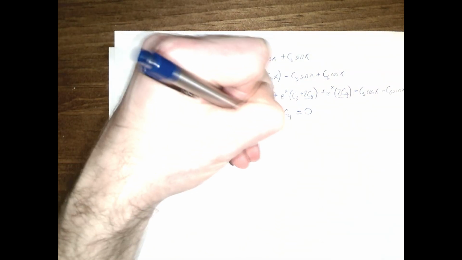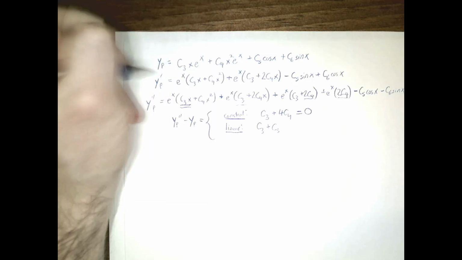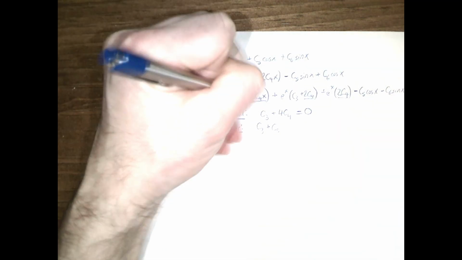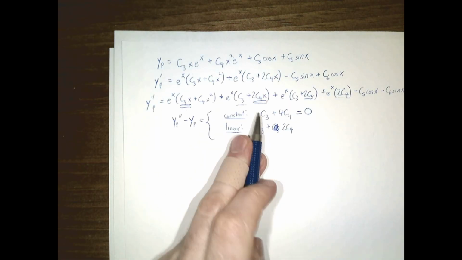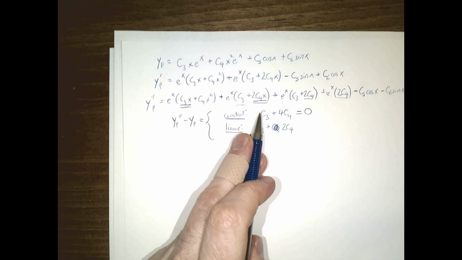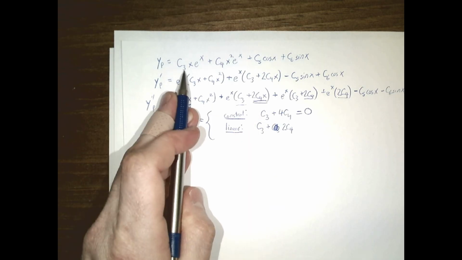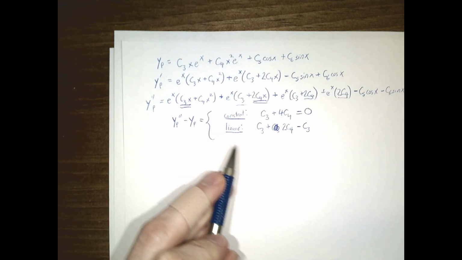I have a C3 plus another C3, plus 2C4x. These are really messy, so you really got to go in and find the terms that matter, and then we subtract a C3 from that. And that should equal 1.